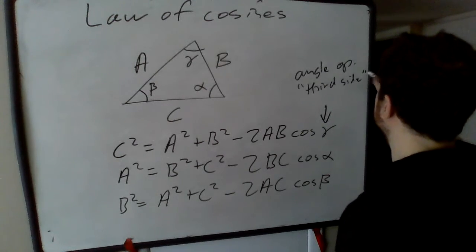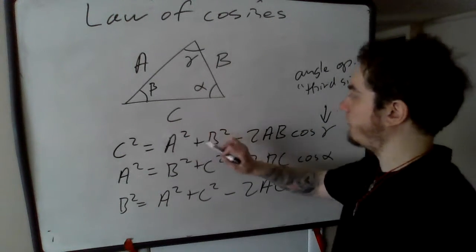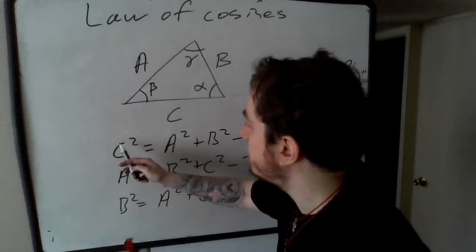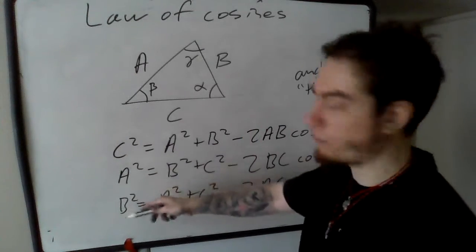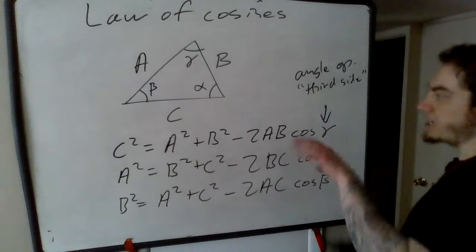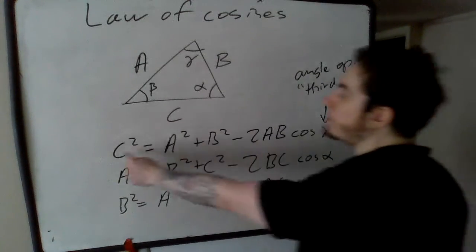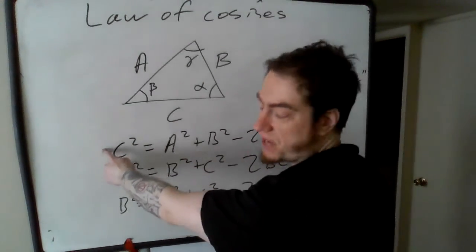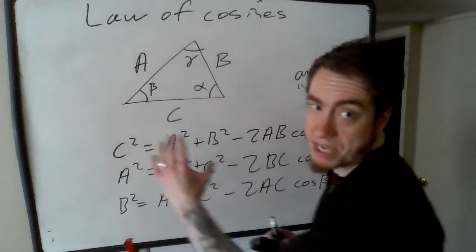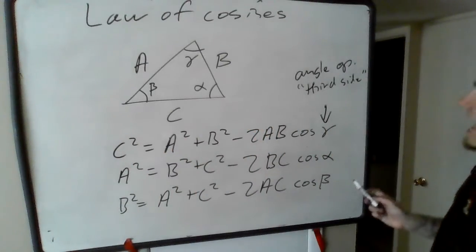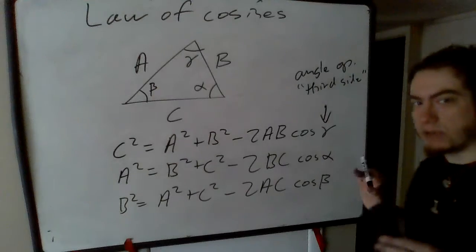If we think of these as our first two sides, and c, or in these next formulas, a or b, are the third side, well, this angle is always the angle which is opposite to the side on the left-hand side of the equation. And hopefully that helps you guys remember this.